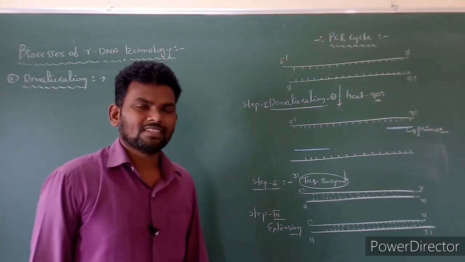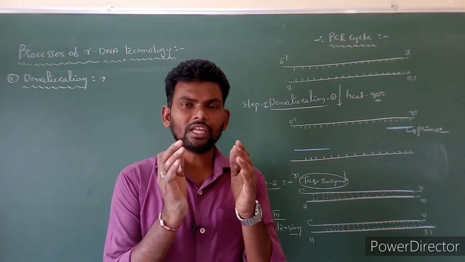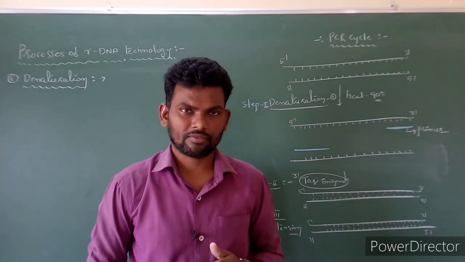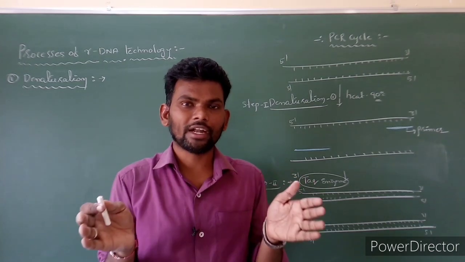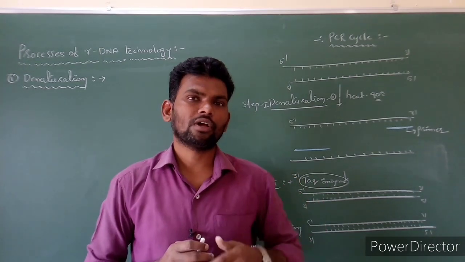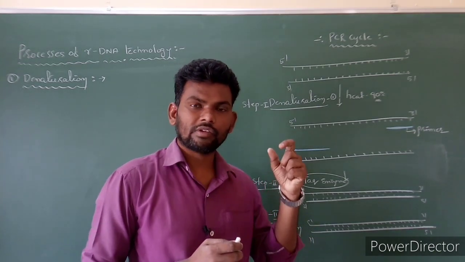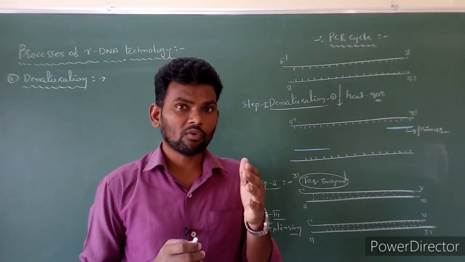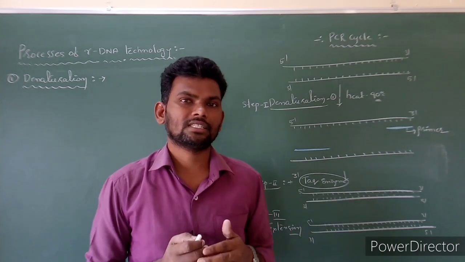The first step is denaturation. Denaturation means the beginning DNA is double stranded as well as circular winding DNA. Such winding DNA we have to make unwinding DNA. For that we use high temperature, nearly 85 to 90 degrees Celsius, mainly to cleave the hydrogen bonds between the two DNA strands.